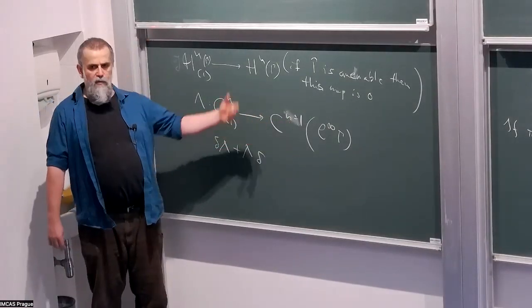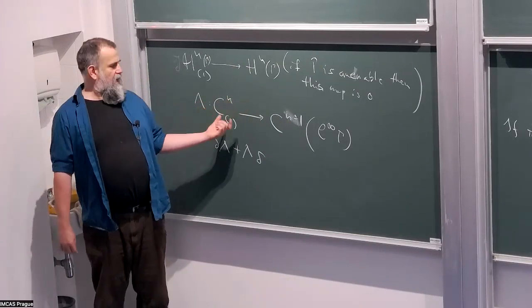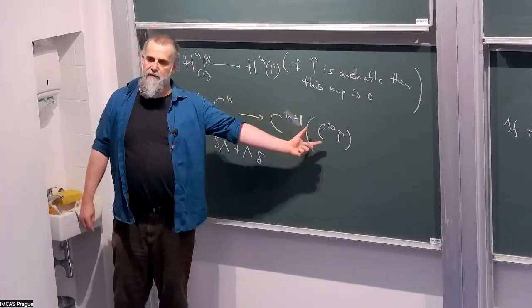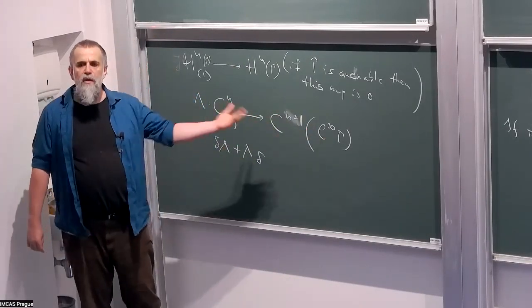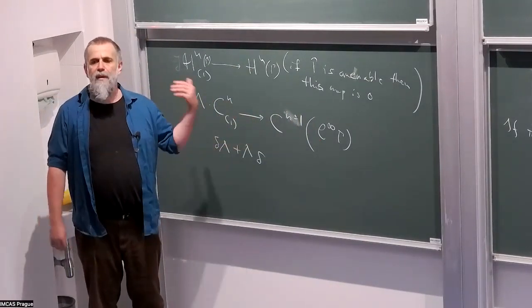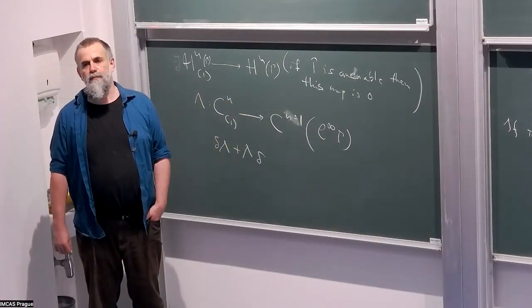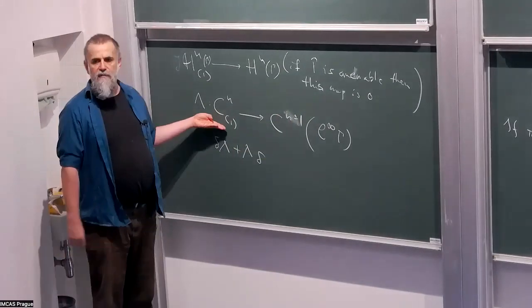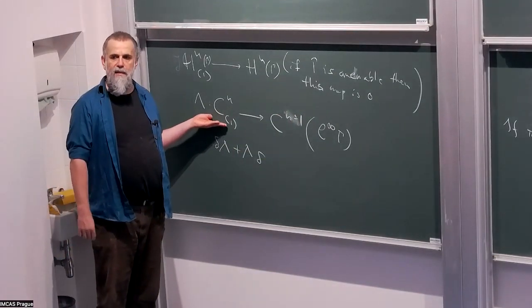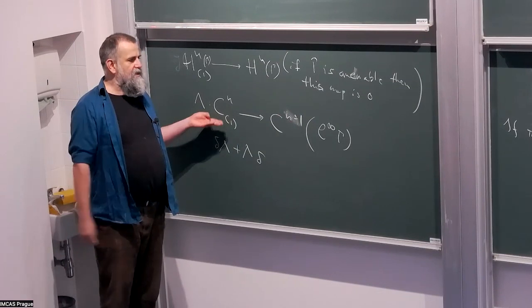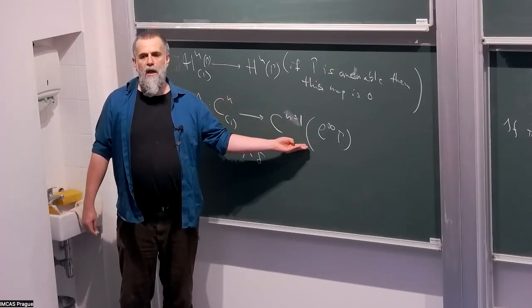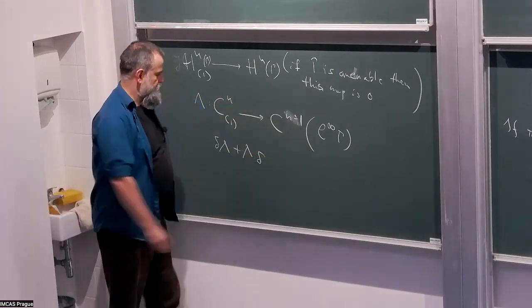This guy increases degree by 1. So we are getting a map from here to Cn of functions, and you are just making a map into constant functions. Okay, every cocycle with constant coefficients gives you a constant function.